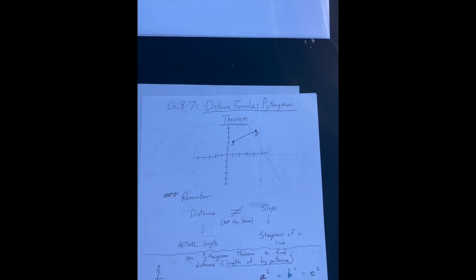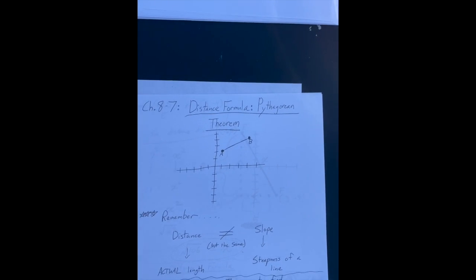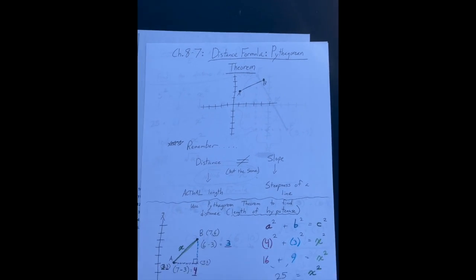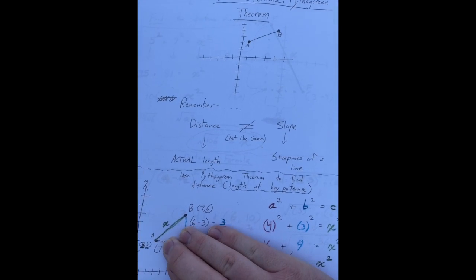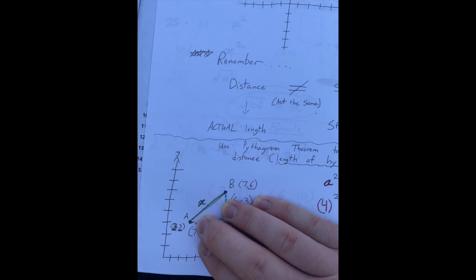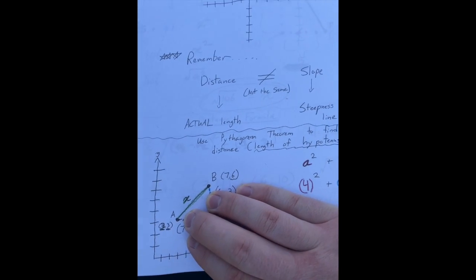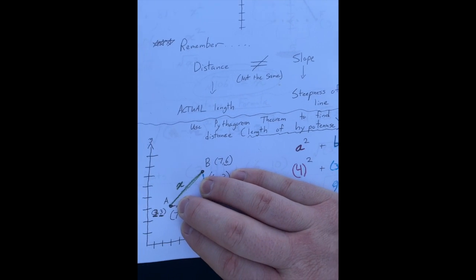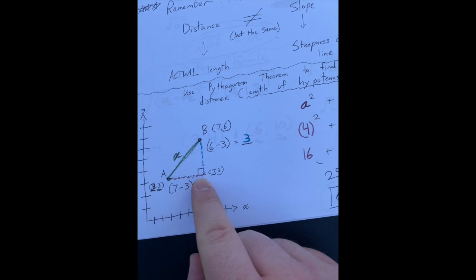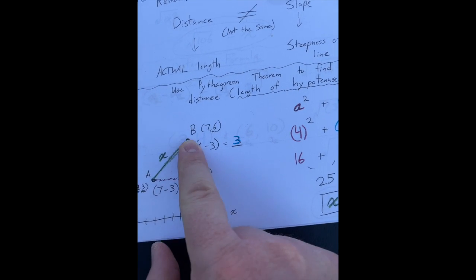So why is the topic distance formula, but we also throw in Pythagorean theorem? Well, the answer is that we are given a line from A to B, find the distance. However, we can use Pythagorean theorem to find the distance if we draw a flat line from A underneath B and then go up it.